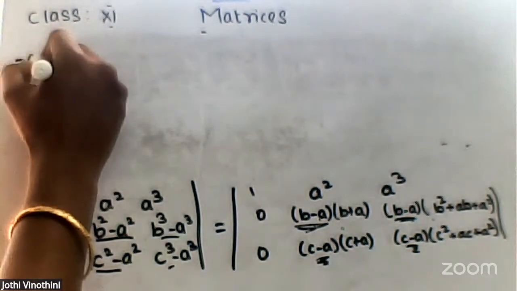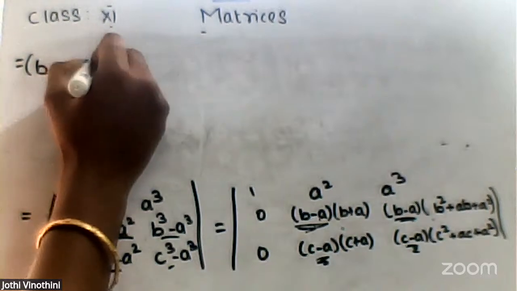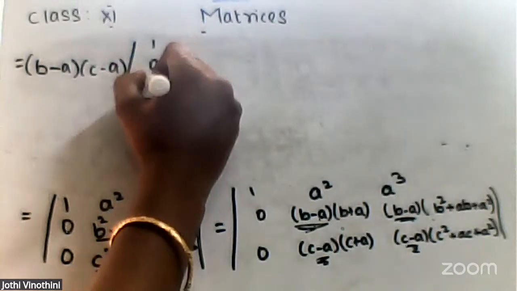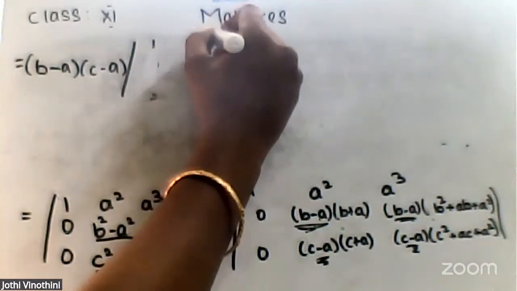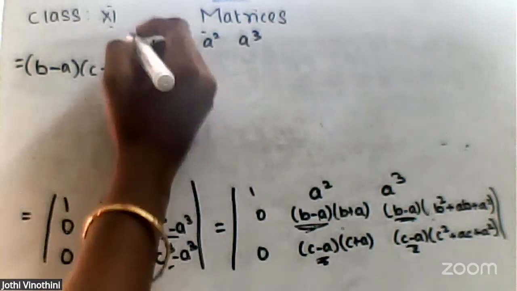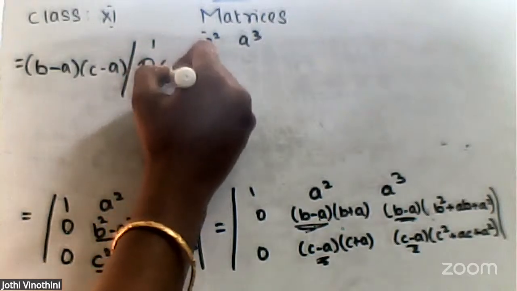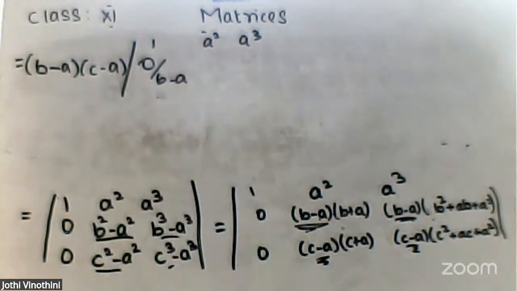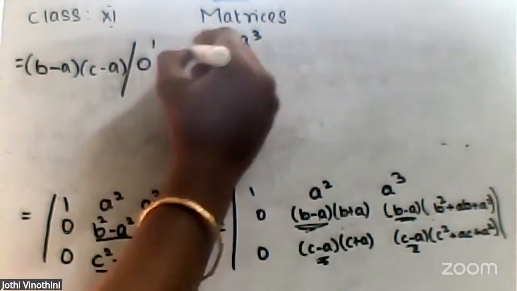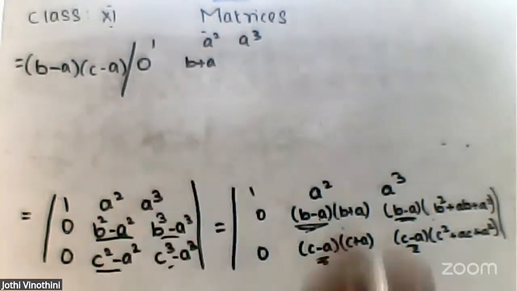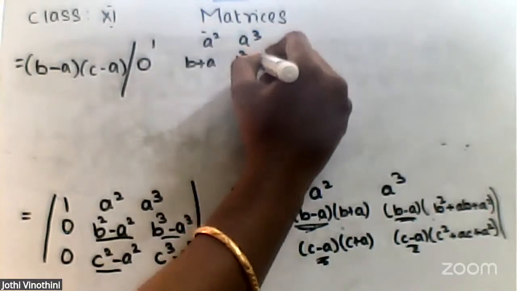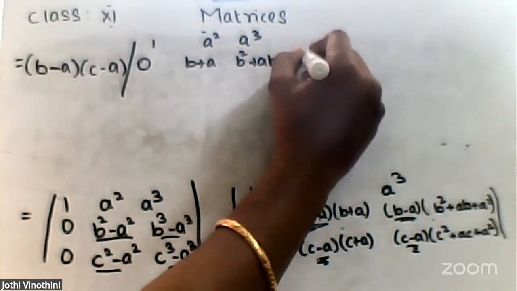I am writing b minus a multiplied by c minus a, and the determinant becomes 1, a squared, a cube in the first row. Taking b minus a out, 0 divided by b minus a is 0, and what remains is b plus a and b squared plus ab plus a squared.